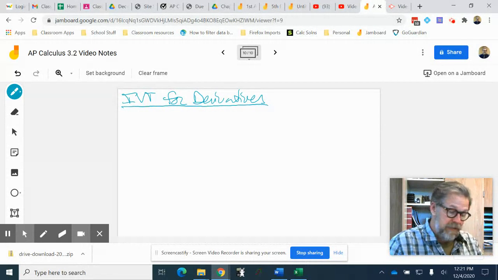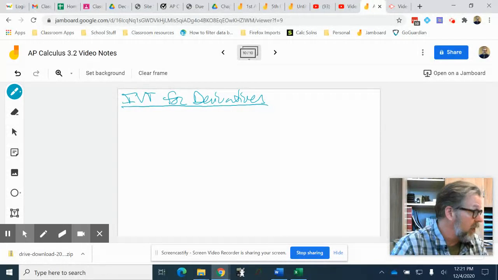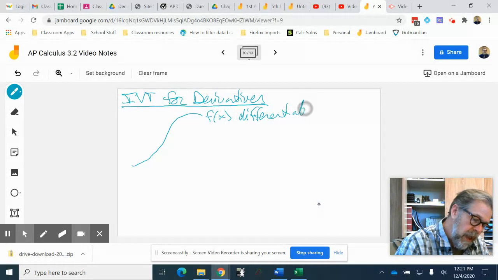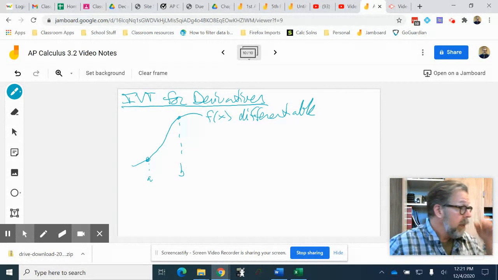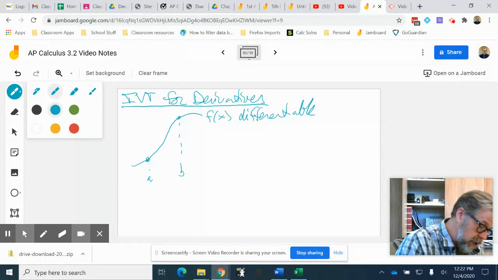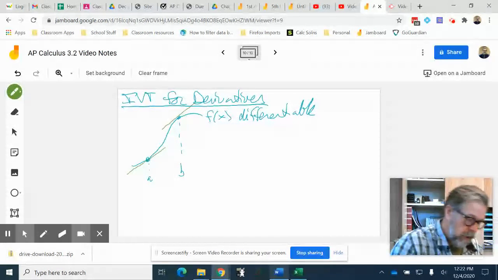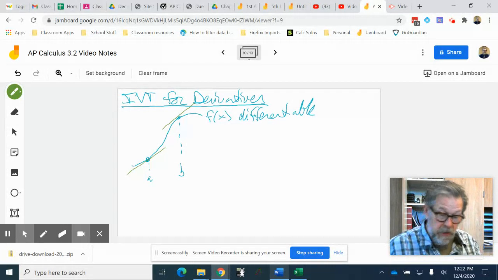The intermediate value theorem for derivatives says that if I have some differentiable interval, and there are 2 points, A and B, inside that interval, the derivative of the function must take on every value in between those two derivatives.